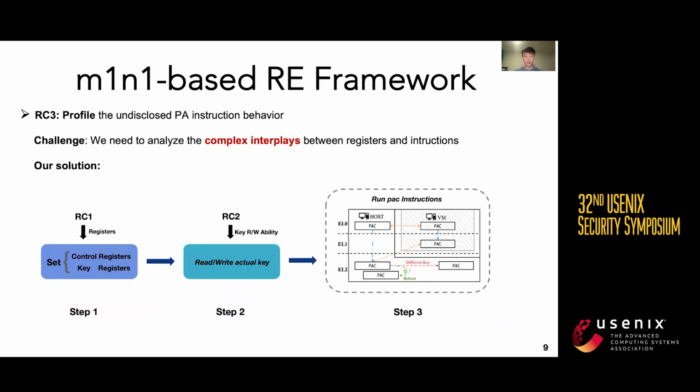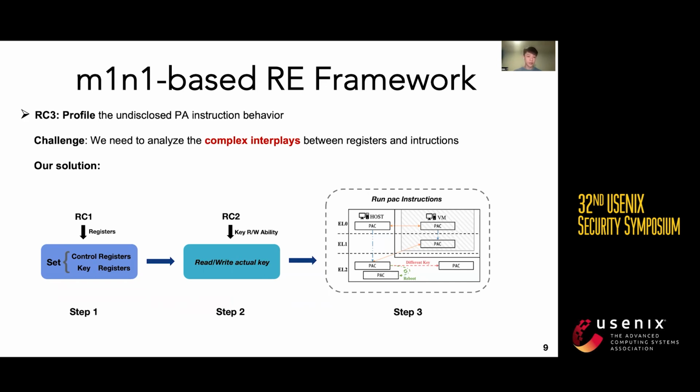For the required capability 3, the challenge is that the interface between registers and instructions is complex. We need an effective method to analyze the PAC instruction behavior on M1. Our solution contains 3 steps. Step 1 is to set up the registers, including control registers and key registers.